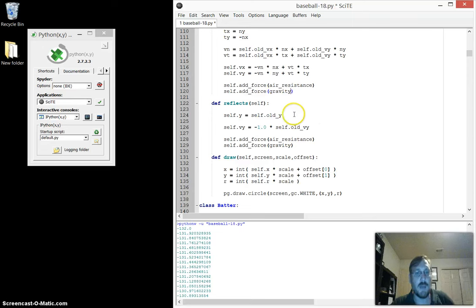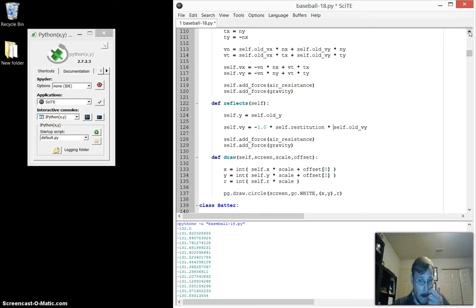And then I need a coefficient of restitution. So when this thing bounces off, we need to have a coefficient of restitution in the ball class.